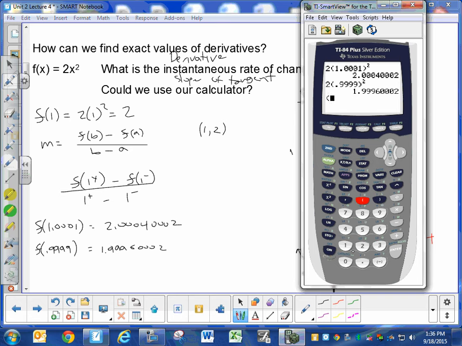So 2.1234, 1232. Okay, that minus, so that's my f of b minus my f of a. I get that, divided by my b minus a.